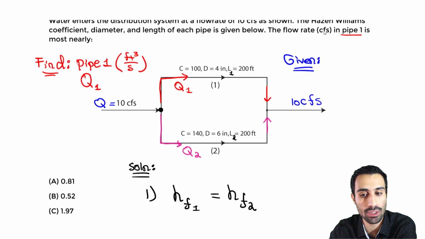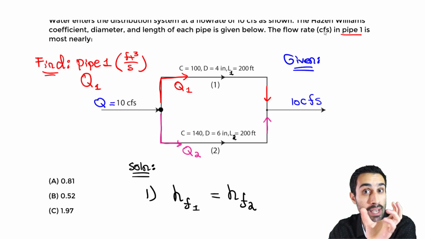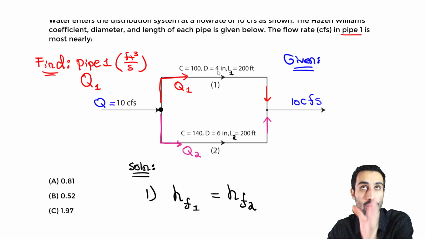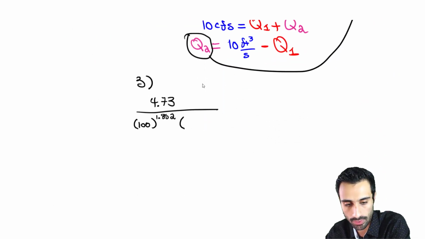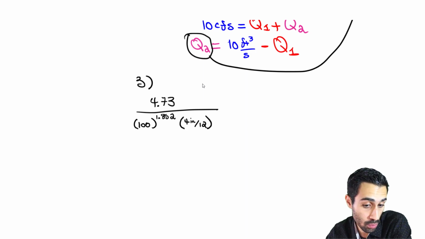We want the answer in flowrate cubic feet per second. So those units of inches have to be converted to feet. So we can simply divide by 12. Taking 4 divided by 12 gives us feet, because we know there's 12 inches in 1 foot. So we take the 4 inches divided by 12, and this converts it to feet.